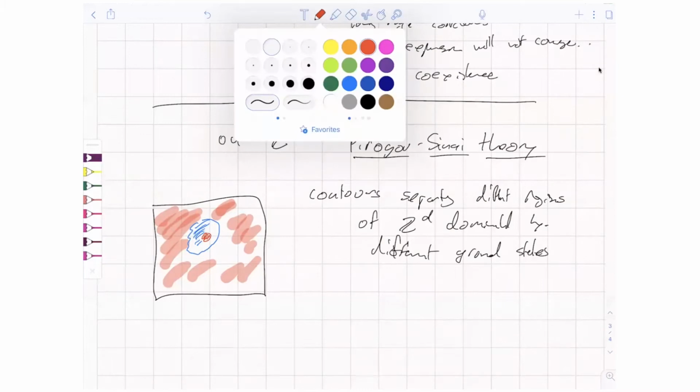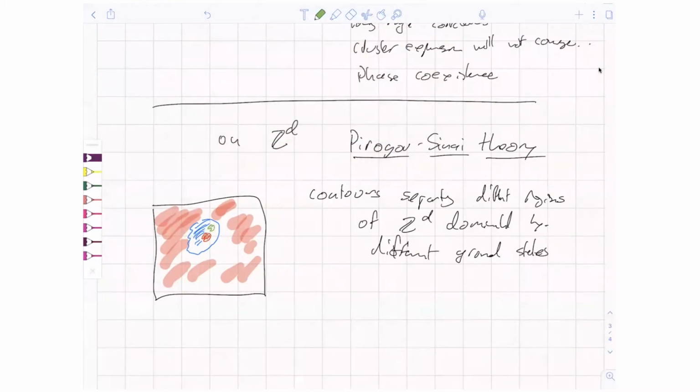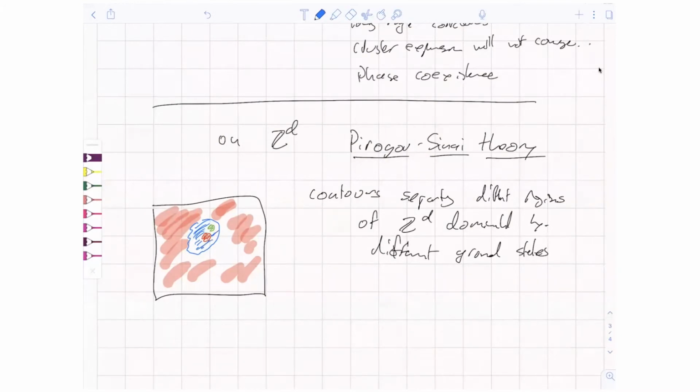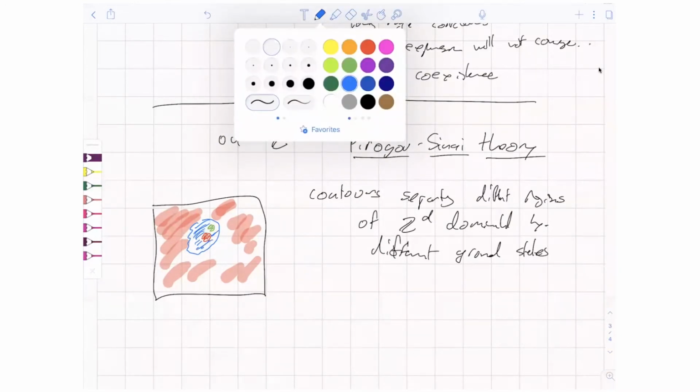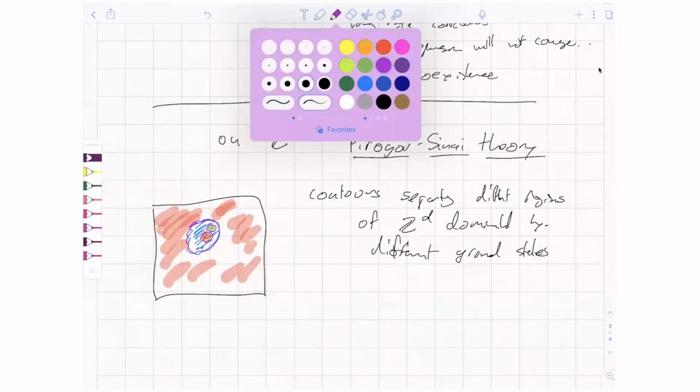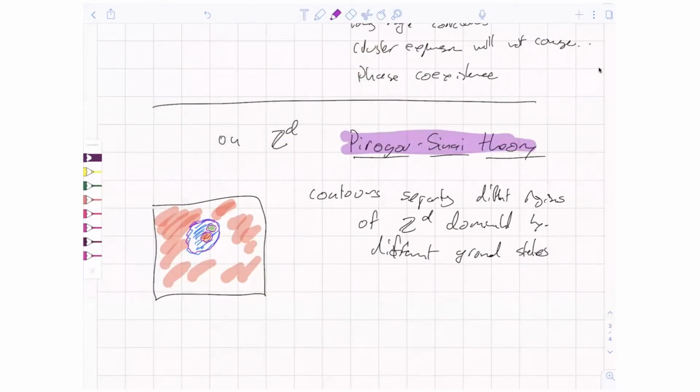Or you might have a green island. Okay, and the idea of Pirogov-Sinai theory is that the objects that you're going to study are these contours, not the entire defect, but the boundaries separating them. So that's one fancy name for this theory, Pirogov-Sinai theory.